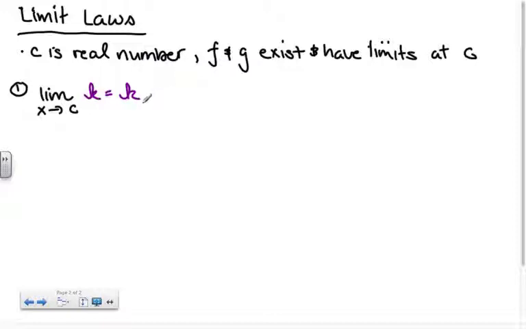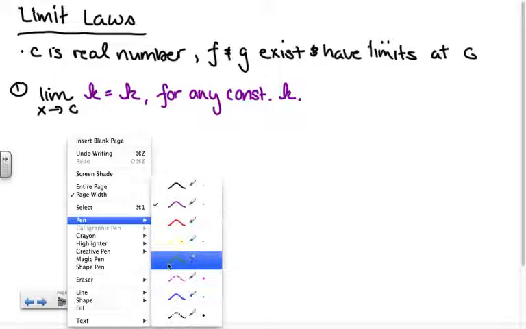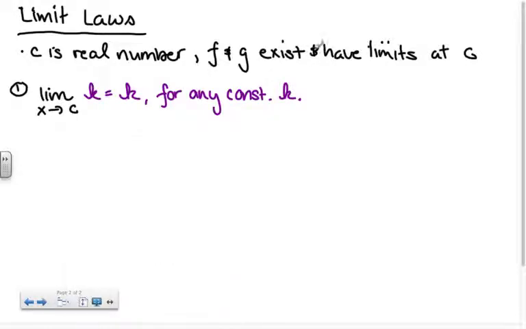And this is for any constant k. And that can be summarized as the limit of a constant is a constant.